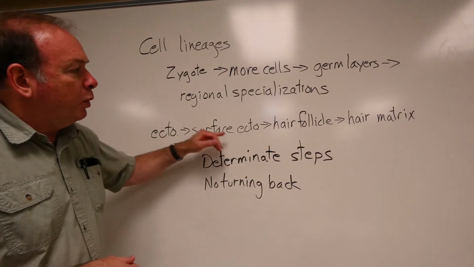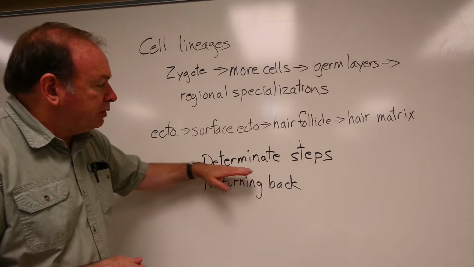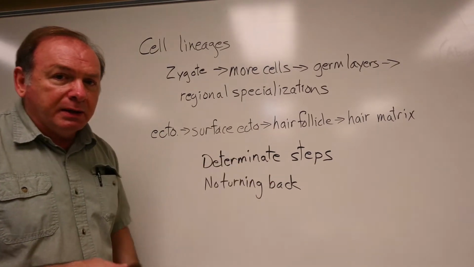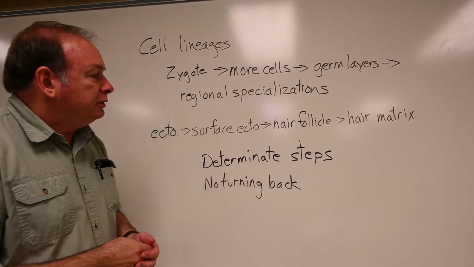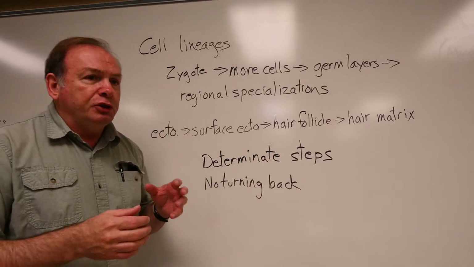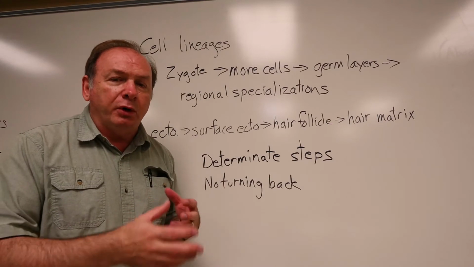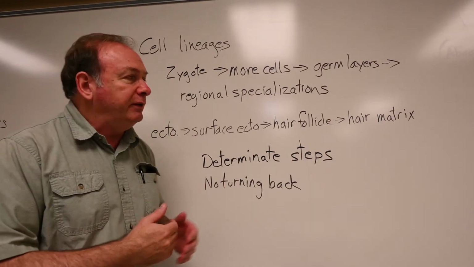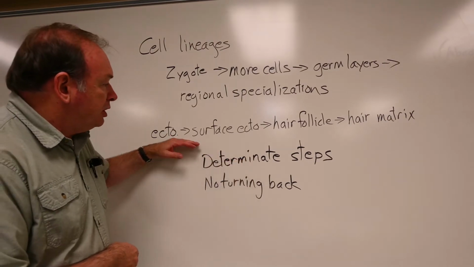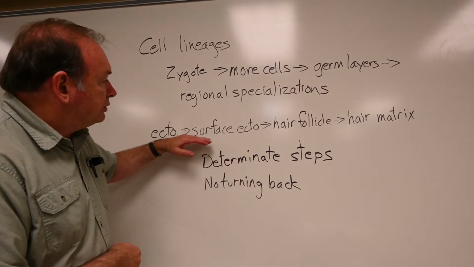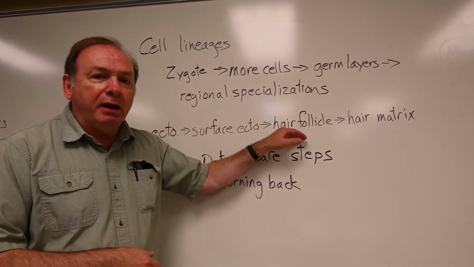So things become more and more specialized. These are referred to as determinate steps. Their fate is more and more determined. There are genes that are turned off or turned on during these cell division processes in each of these determinate steps. So some genetic change caused that surface ectoderm to become part of a hair follicle.